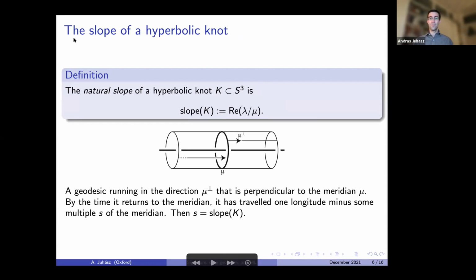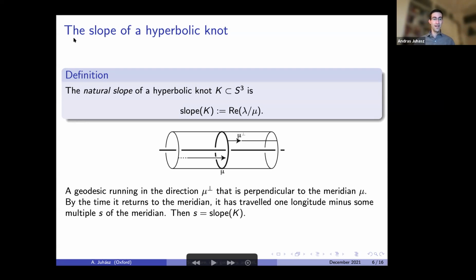And here is a more geometric interpretation. Here is the cusp torus, and you take a meridian, and then you go along an orthogonal geodesic starting from the meridian, and you come back: you go around the longitude, and you hit the meridian again at some point, which might not be the exact same point.